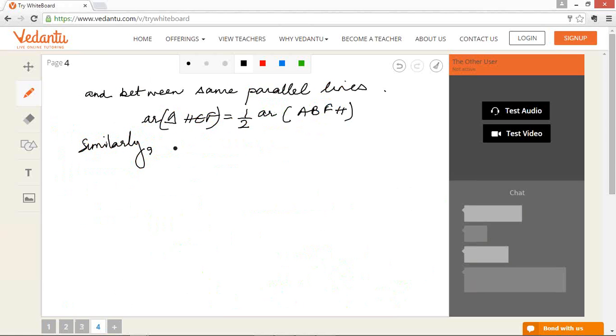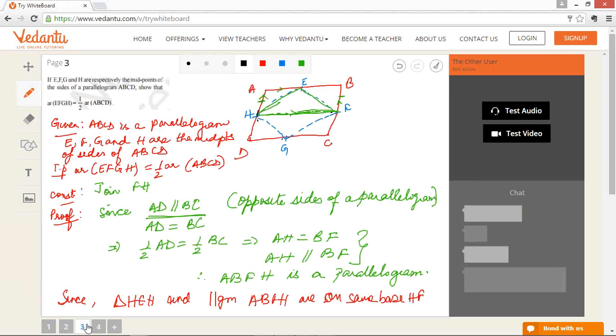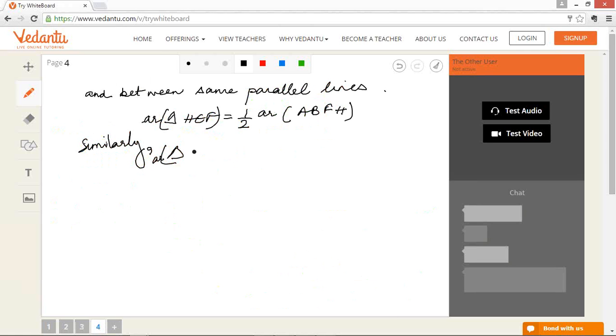So similarly we can write that, have a look, the area of HGF is equal to half the area of HFCD. And what I'll do now is quickly add the two statements, and I notice that adding the two statements will give me my desired result.